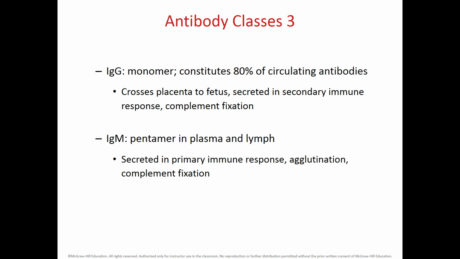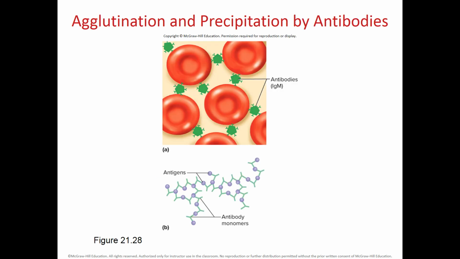IgM forms groups of 5, so it's a pentamer in the plasma and the lymph, and it is secreted when you have an immunological response, and it will create clumps of cells, and it will also help in the complement fixation, so basically in the attack with the complement system.